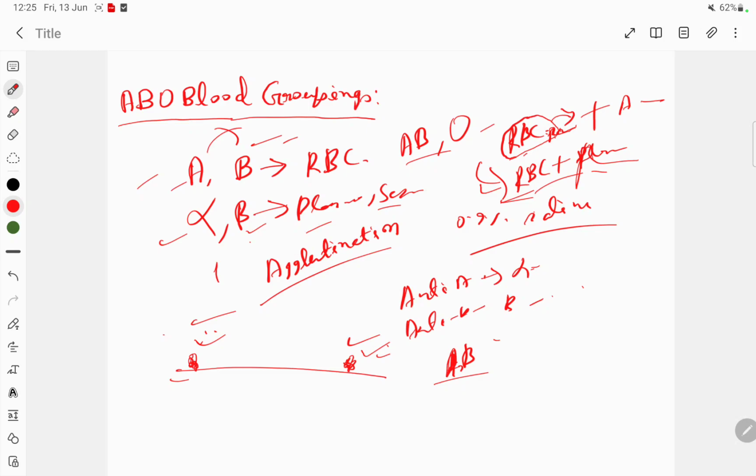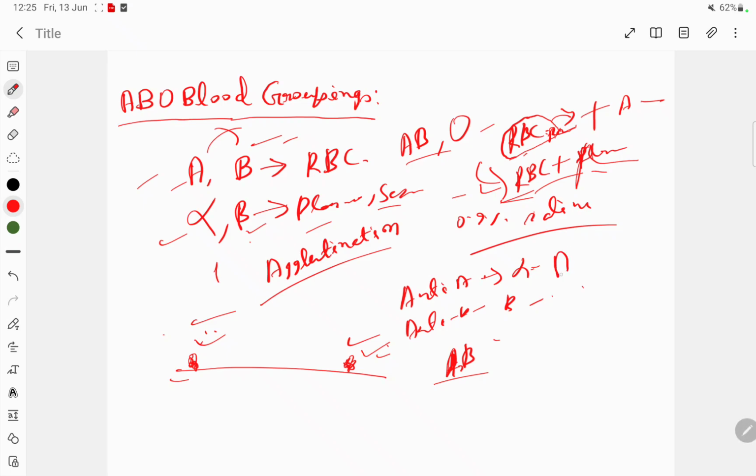In blood transfusion, the donor's antibody or plasma is not considered because the amount of blood given is relatively small compared to the blood of the whole body, so it gets diluted and no reaction takes place.